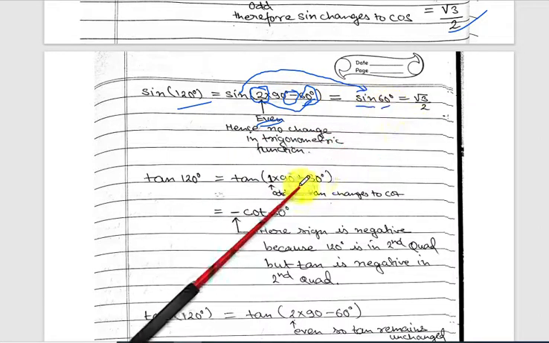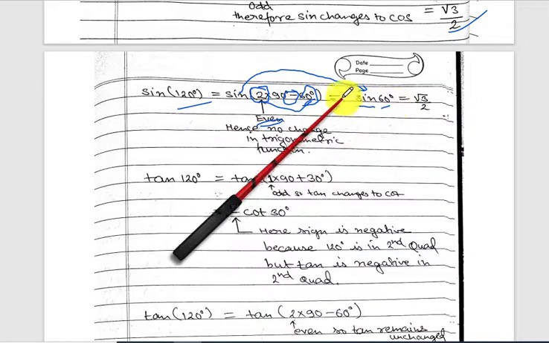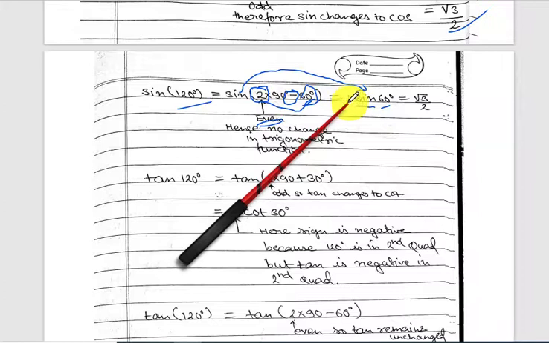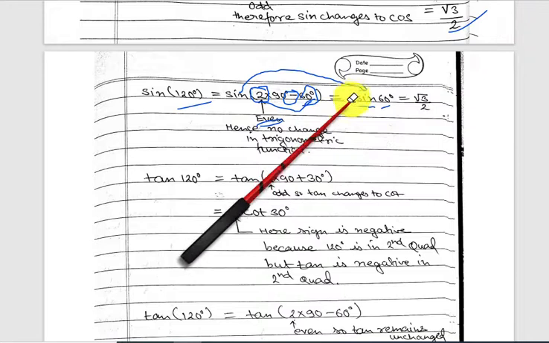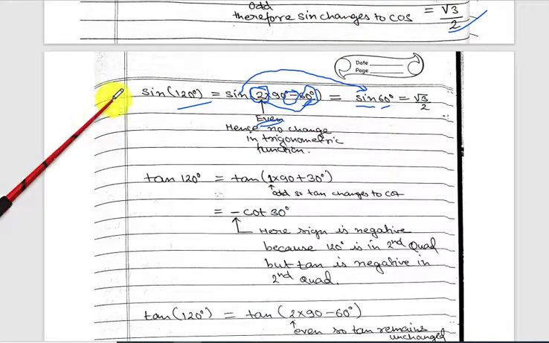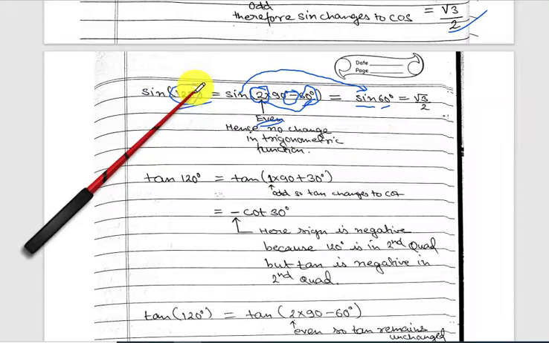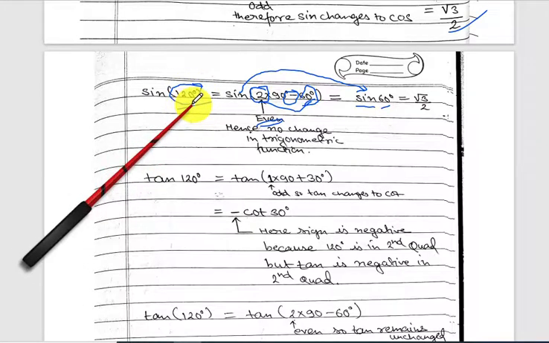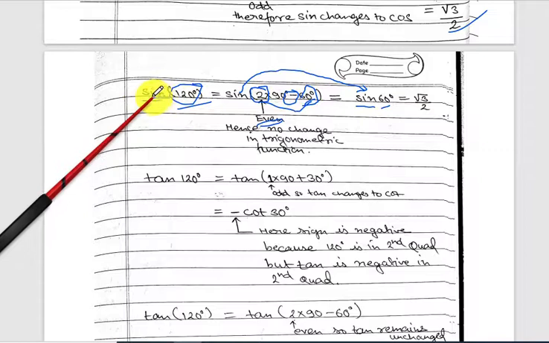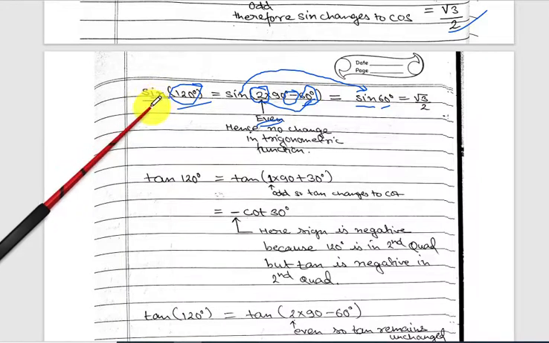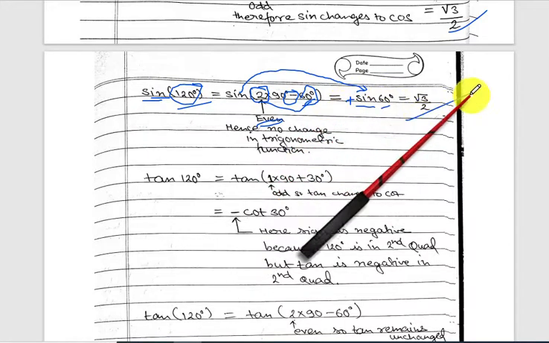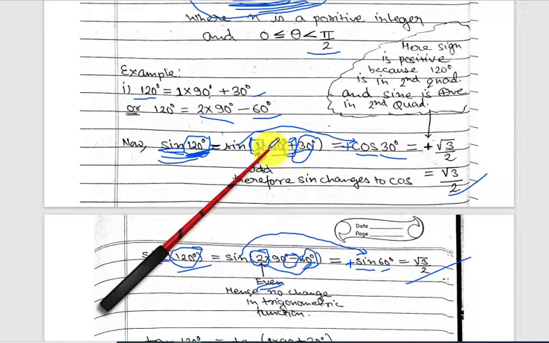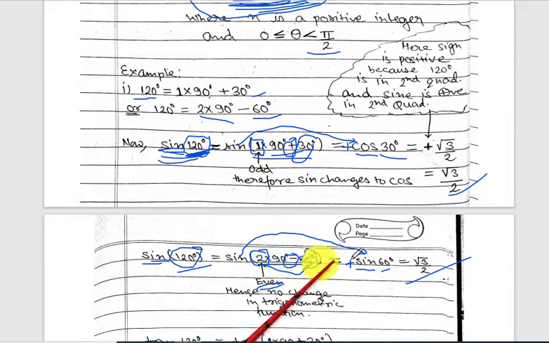Next, I have to decide whether to write plus or minus over here. To decide that, we see this angle: this is 120 and lies in the second quadrant, and sine is positive in the second quadrant. So here we will have the positive sign only. Sine 60, you know, is root 3 by 2. So either way, the value comes the same.